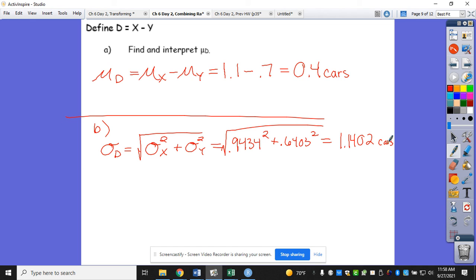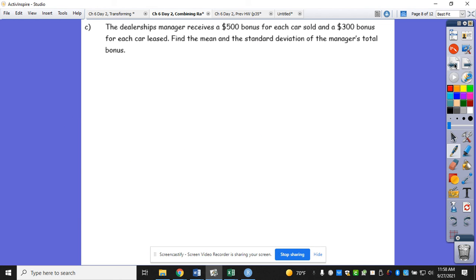Now I need to explain what I'm going to have you do as your homework here. Because you're going to use part C. I'm just going to have you do part C from the adding section and not the subtracting.